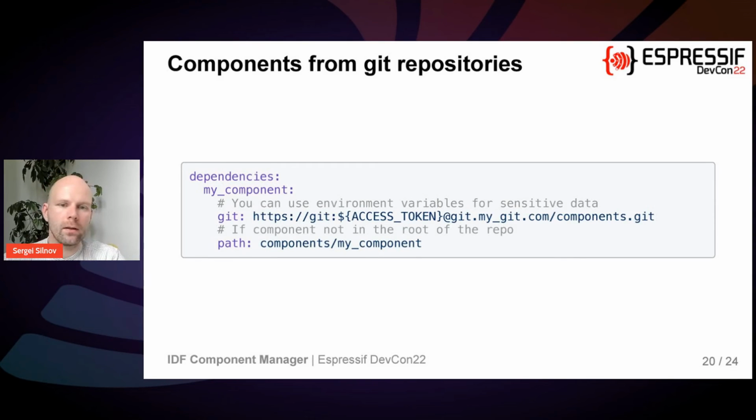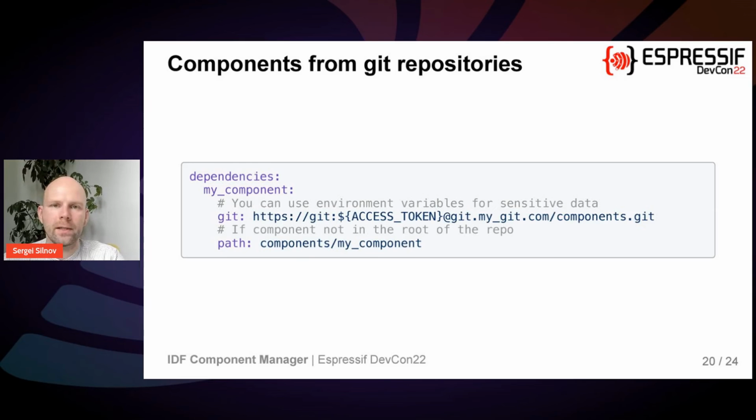Also, if you notice, you can use environment variables in manifest files. This can be useful, for example, if you don't use SSH for authentication of your Git repos and rely on HTTP basic auth.